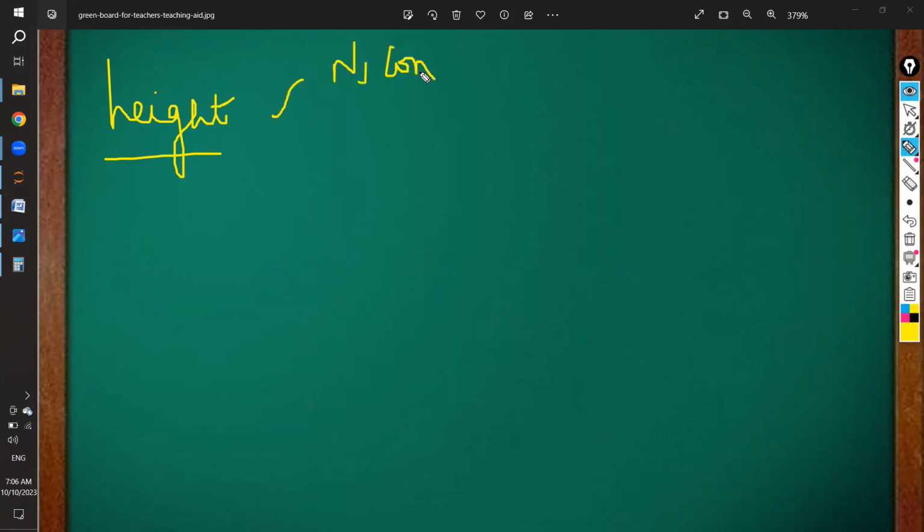Numerical, continuous. Okay. Now what examples could I take? Let me think of number of earthquakes that have happened till now.